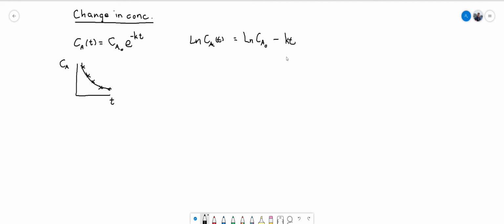All right. And if you need to convince yourself of that, you can go back and look at your natural log, your logarithmic rules from algebra, I think, and you'll see that that does work out.